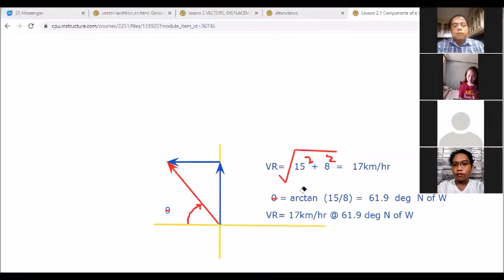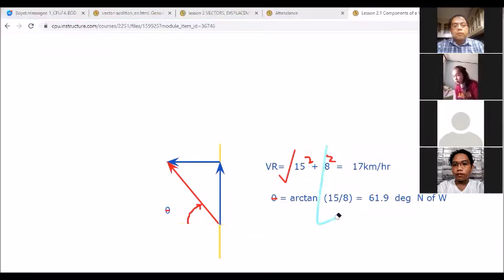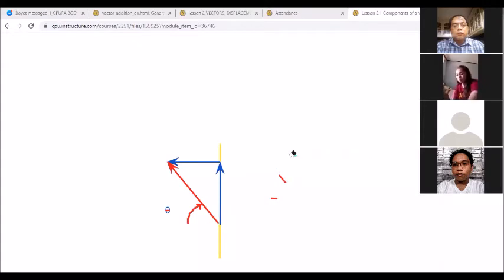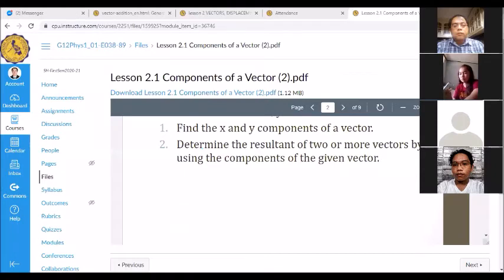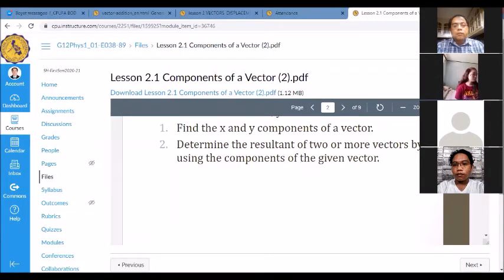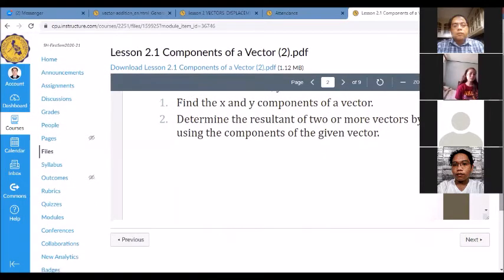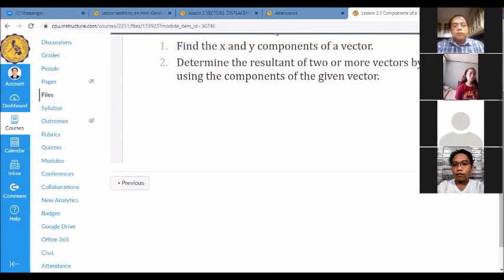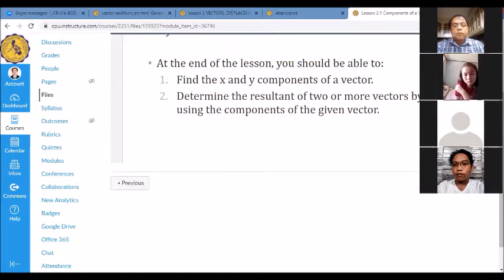So we will clear our screen. And we are going into our next lesson this morning. And this will be about our components.